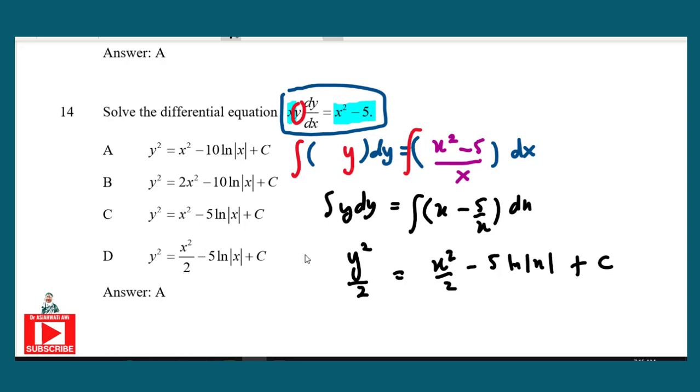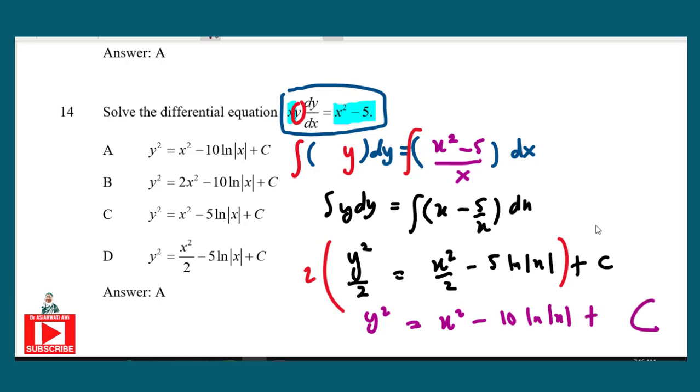Multiply everything by 2, so y squared equals x squared minus 10 ln x plus c. So the answer is y squared equals x squared minus 10 ln x plus c.